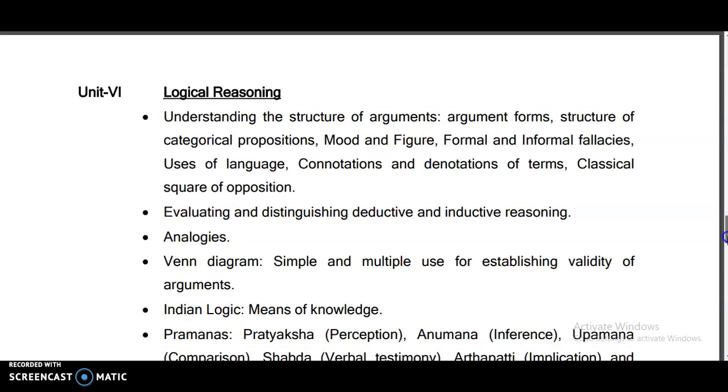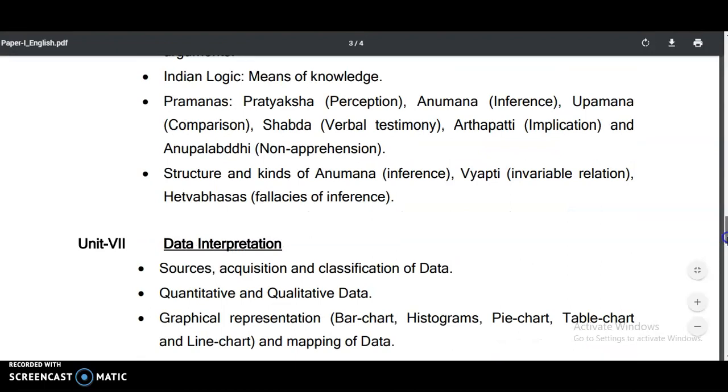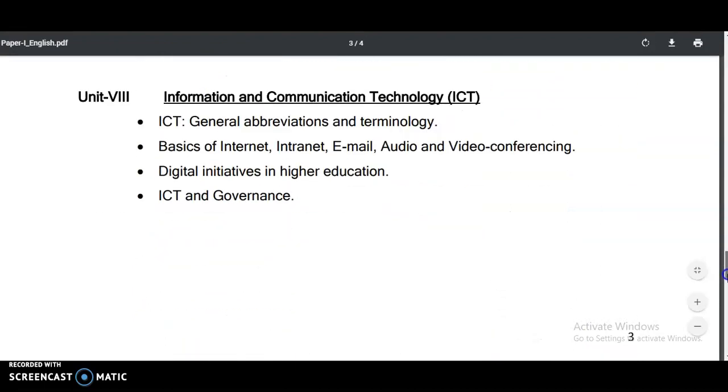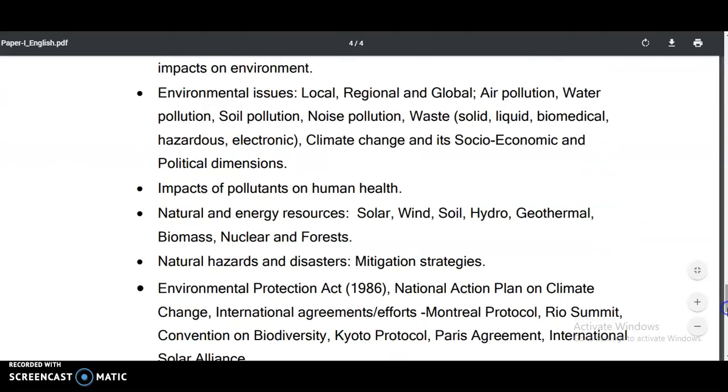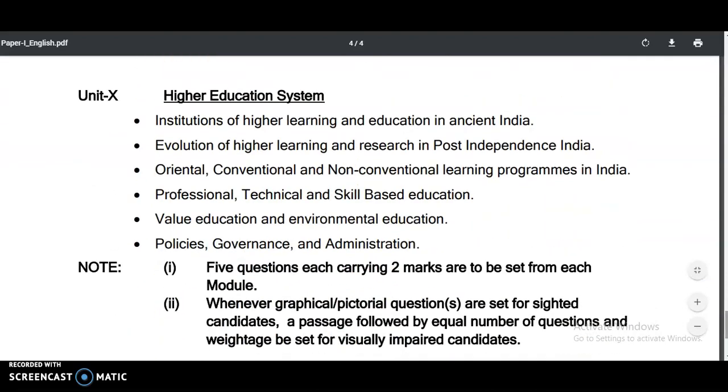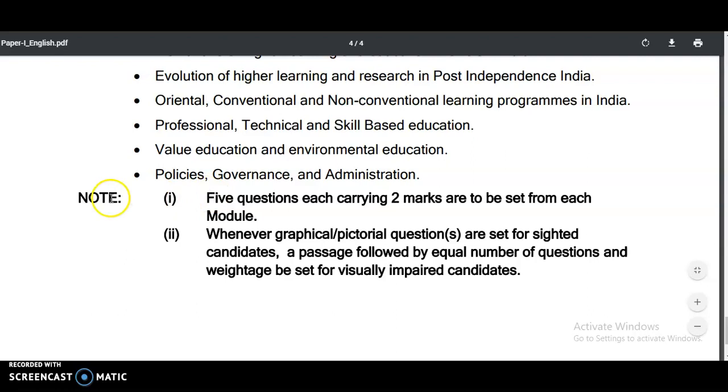The second point that I want to clear for you is the marks distribution, how the marks distribution is going to happen. See, in the same syllabus, here at the last, a note is mentioned. The first one: 5 questions, each carrying 2 marks, are to be set from each module. That means there are a total of 10 modules.